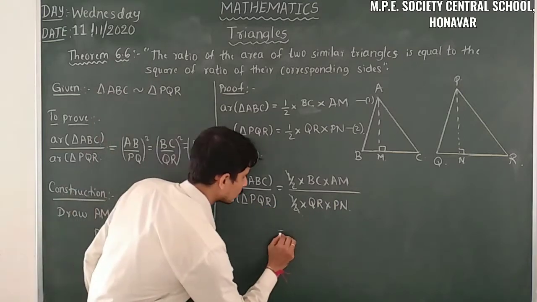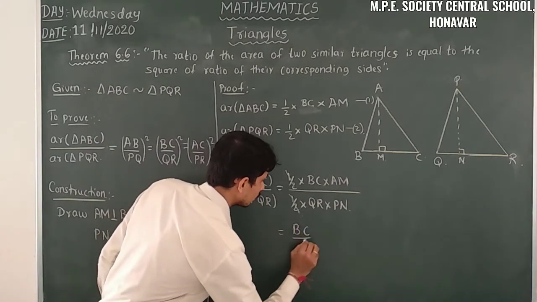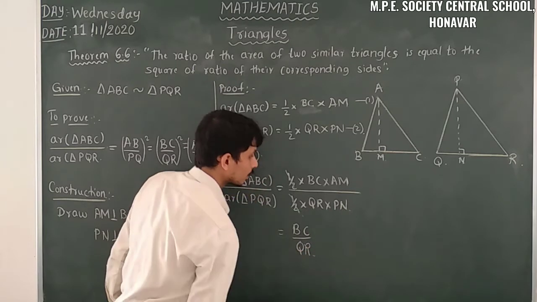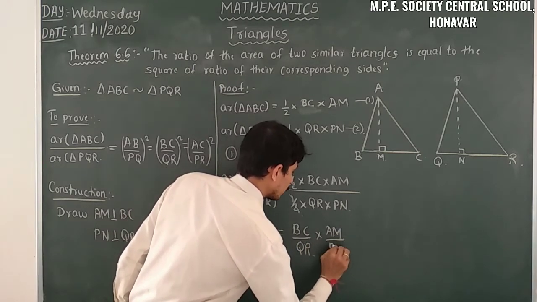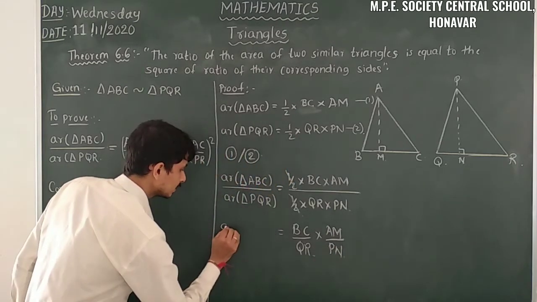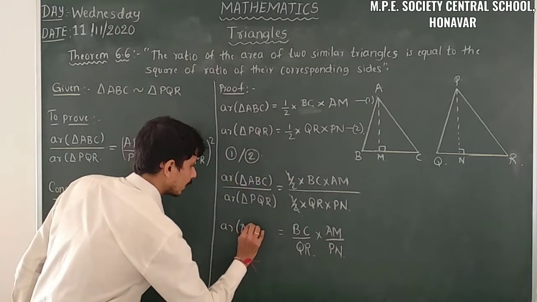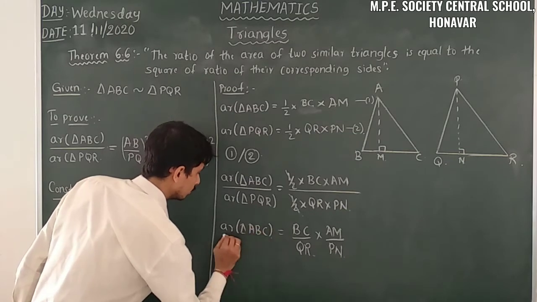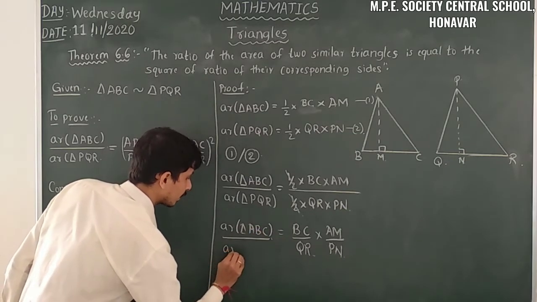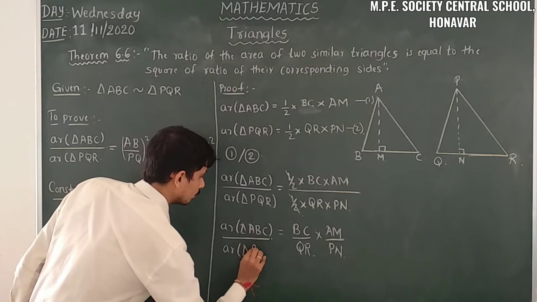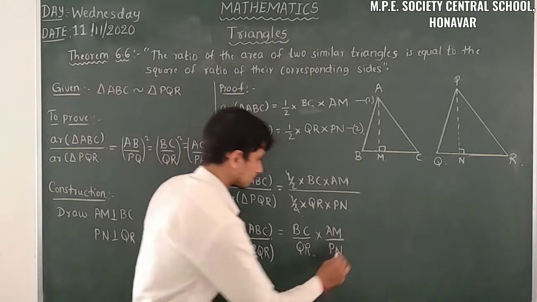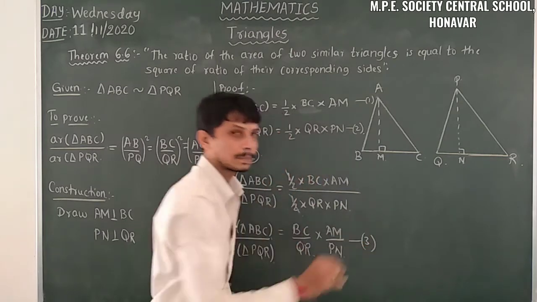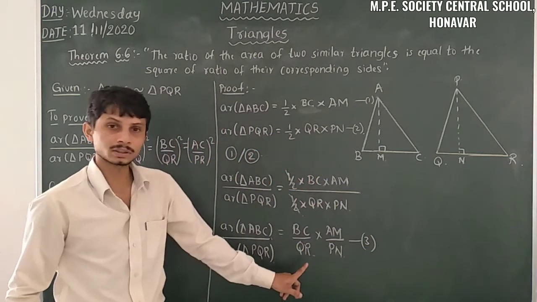It is equal to BC by QR into AM by PN. So here it is, area of triangle ABC divided by area of triangle PQR. Here it is equation number 3.